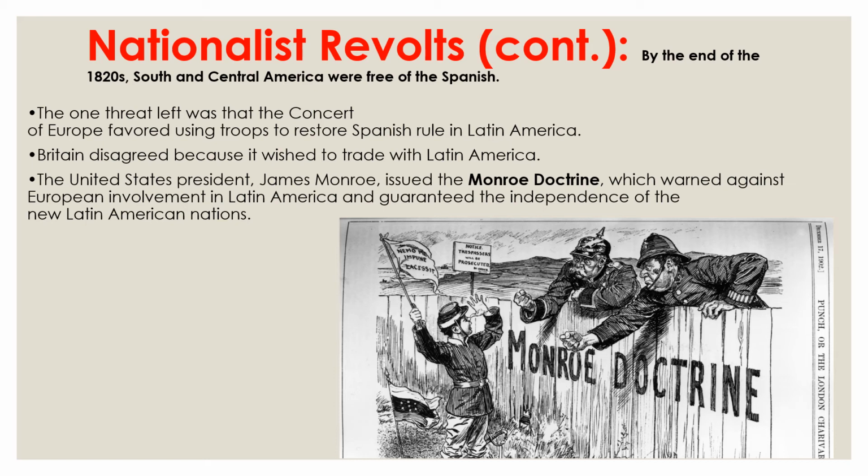Even though we will not directly take over areas in Latin America, by not allowing the Europeans to have influence there, by, quote, guaranteeing the independence of Latin America, we actually set the stage so we could come to economically dominate Latin America. Even though we didn't dominate them politically, we did have what we called economic imperialism in Latin America throughout the late 19th century into the early 20th century.